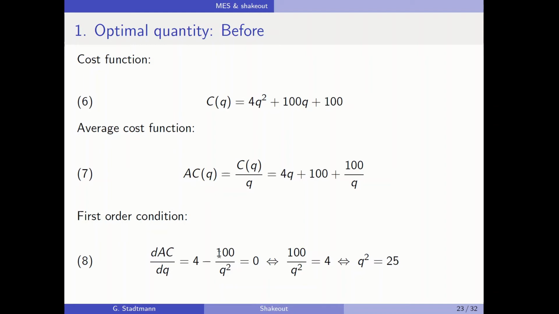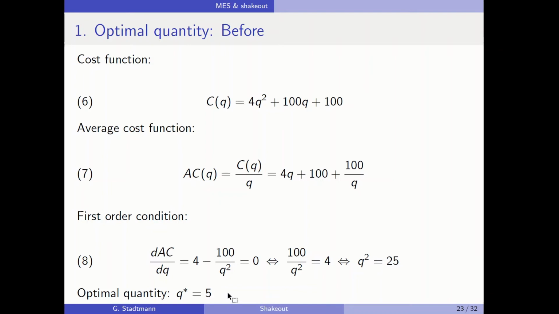When we put the minus 100 over Q squared on the other side of the equation, and the 4 to the other side as well, we get Q squared is equal to 25. So the optimal output in this industry is equal to 5.